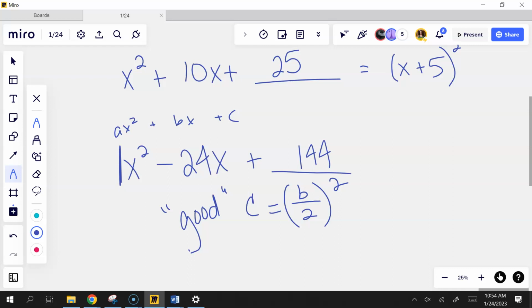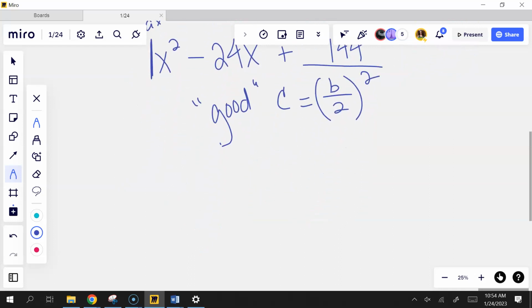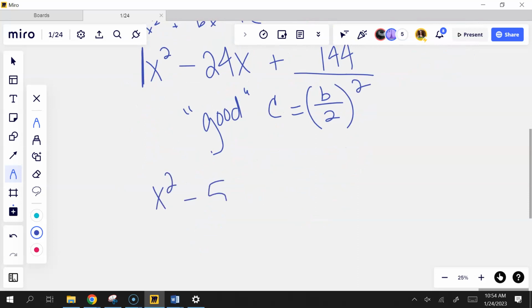Now, might be kind of hard if B is not an even number, right? So what if I had a fraction?